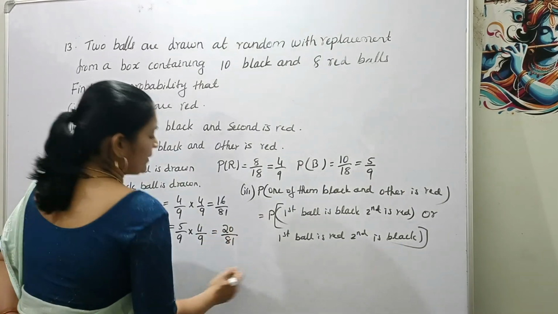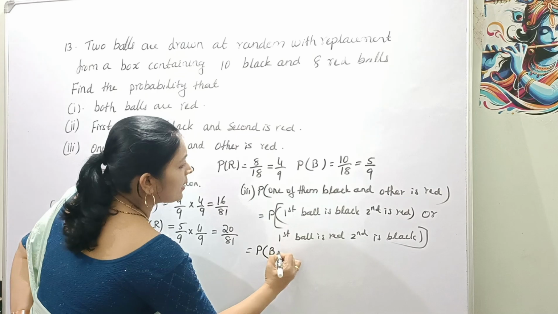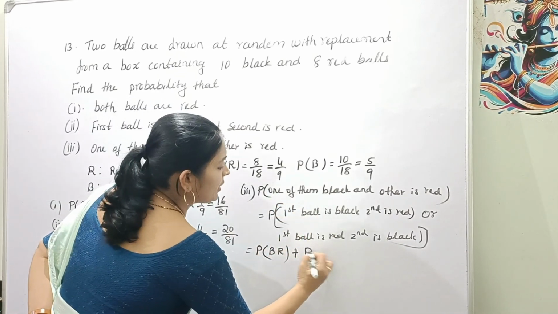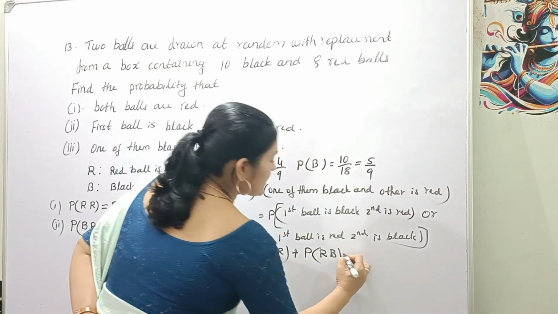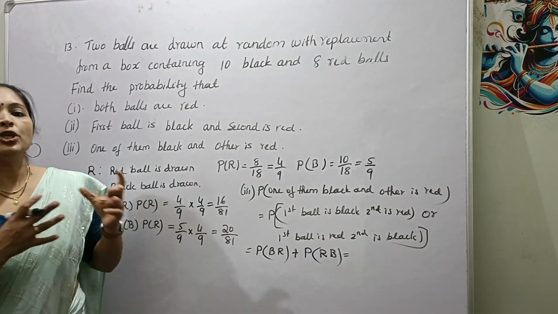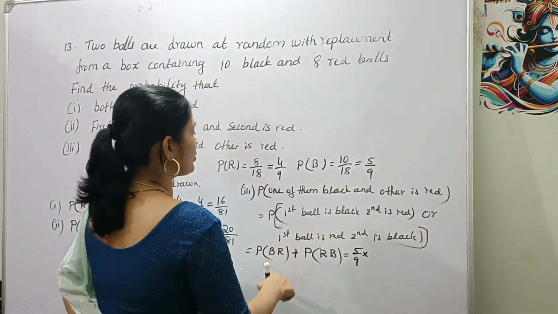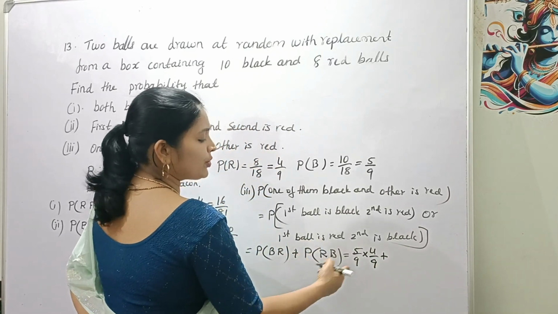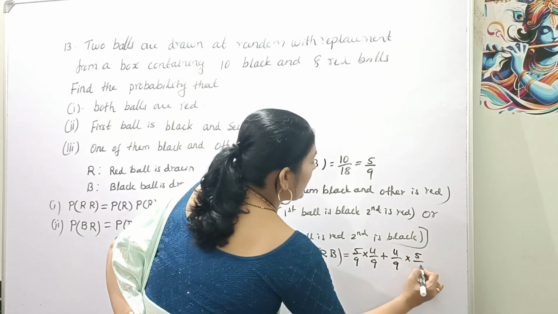Now here, first ball black, second red, means probability of B R, plus probability of first ball red, that is probability of R B. That is equal to probability of B into probability of R. Probability of B is 5 by 9 into probability of R is 4 by 9, plus again probability of R into probability of B, 4 by 9 into 5 by 9.